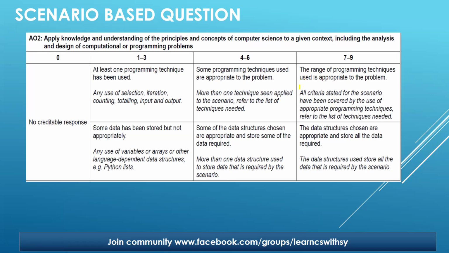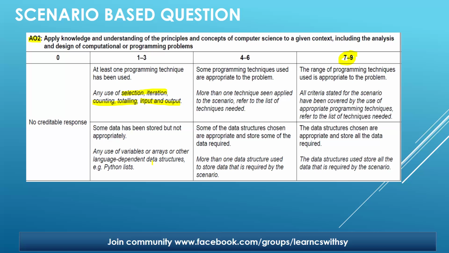You can see if a student has actually used the right selection statement, if any iteration is being used, he has handled the iteration properly, the standard methods of solution like counting, totaling, input and output, if he has handled all these things efficiently, then he will be scoring a total of 9 marks. He will be striving for scoring 9 out of 9 in this assessment objective 2.